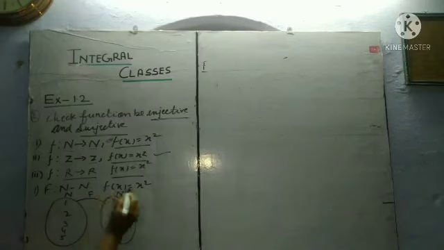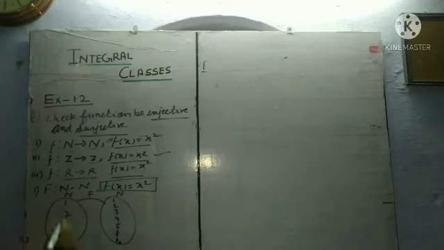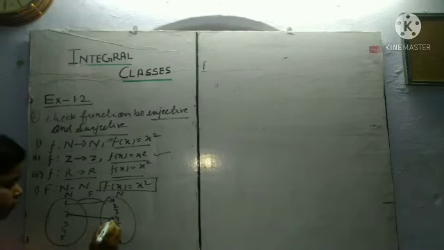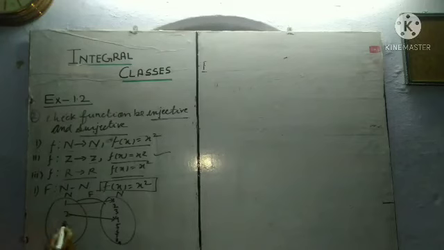Now in this function we put x equal to 1, then we get x square as 1. If we put x equal to 2, then x square becomes 4. Now for x equal to 3, we get 9.